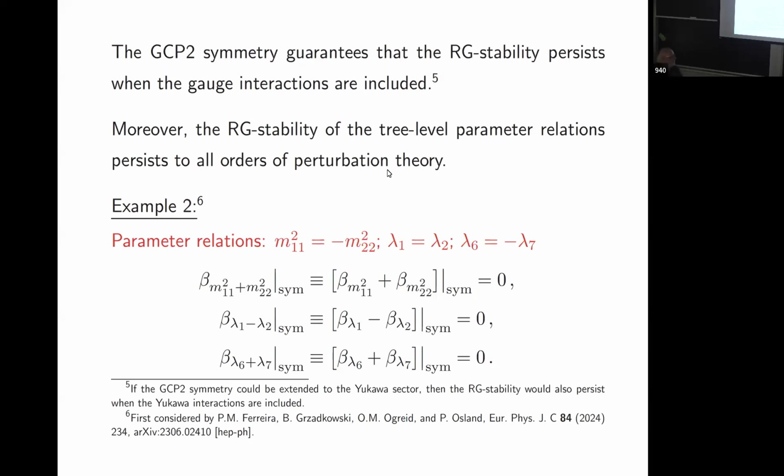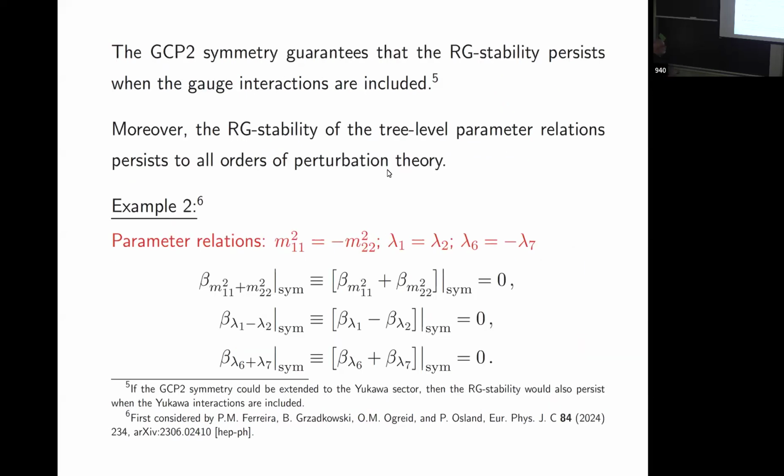No constraint on m12 squared. And yet when you do this calculation, you get 0 at one loop. And then they did it at 2 loops and they got 0. And then they did it at 3 loops, they got 0. And again, with the exception of the Yukawa contributions, which are only verified up to 2 loops, this looked completely renormalization group stable. And the question is why?